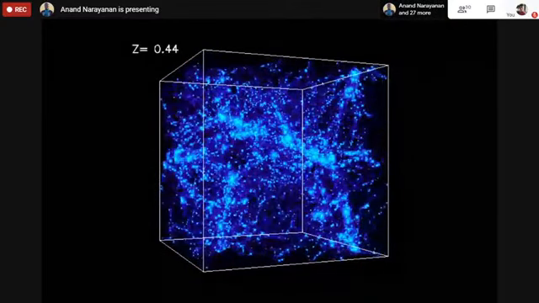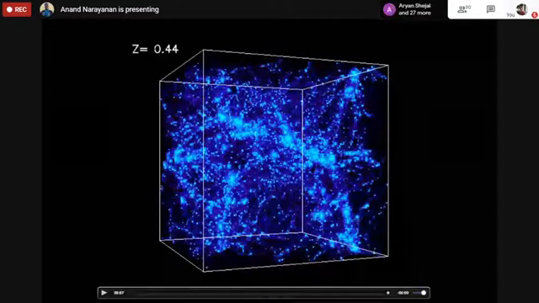They have paused this animation at a redshift of 0.4, which is very close to the present redshift of 0. You can see that matter has self-assembled into filamentary structures where the nodes of the filaments have a large density of matter, and the filaments connect these nodes.